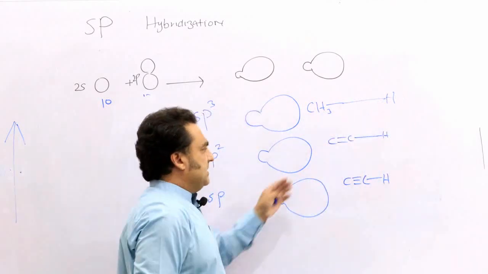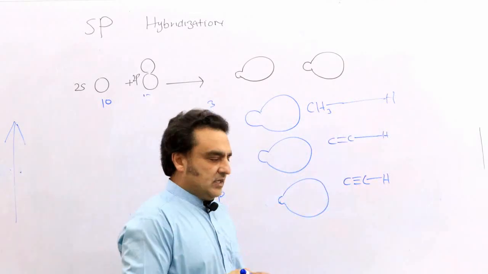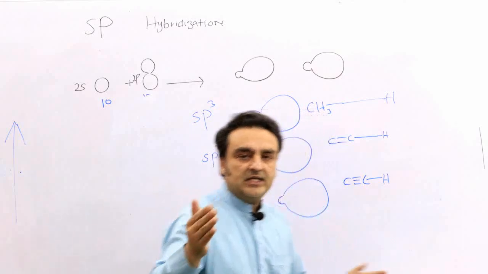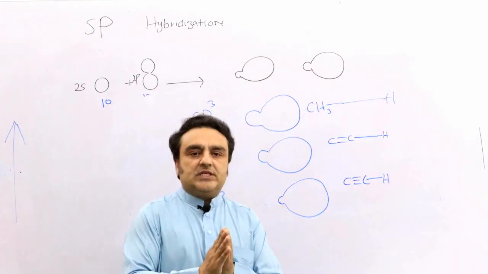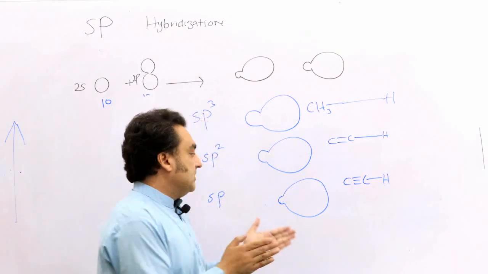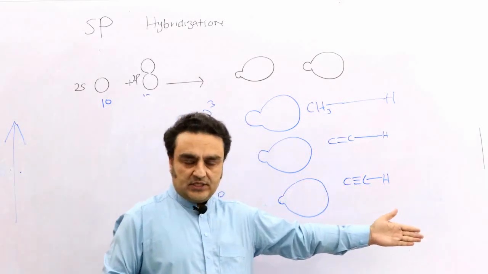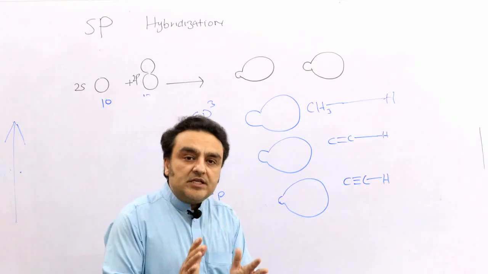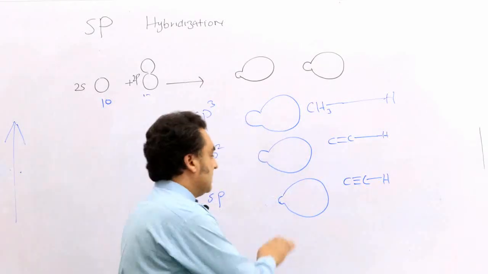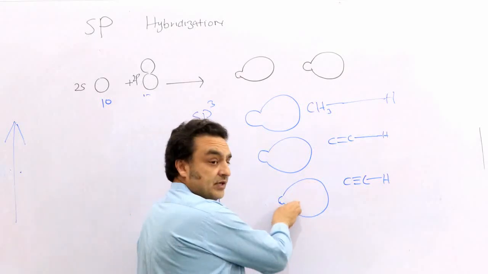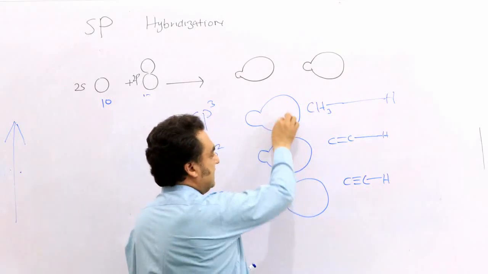These bonds are lengthy, these bonds are a little smaller, these are very small. But you might be saying that I already told you that this is more extended outward. This doesn't mean that the orbital itself is very large. It means that a large electron density is present here.